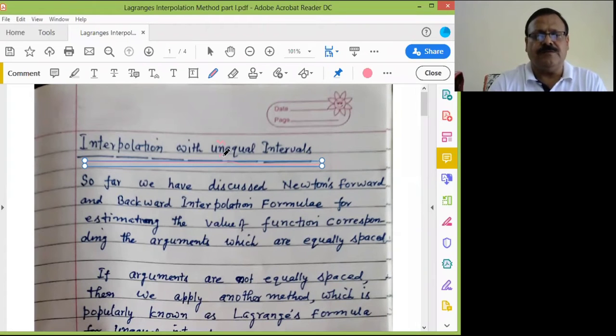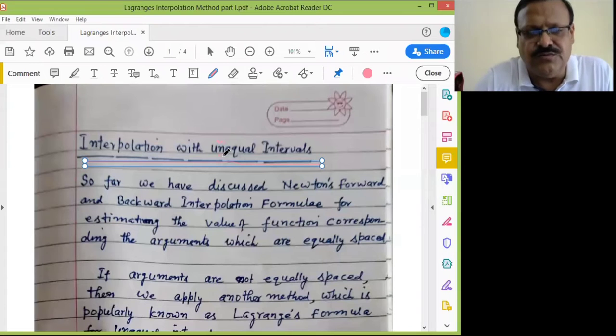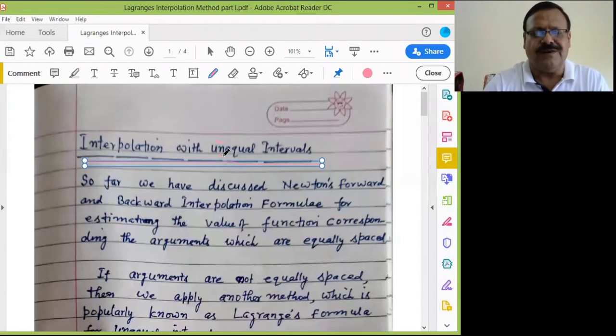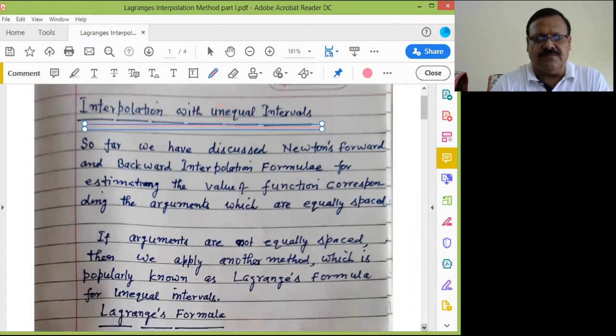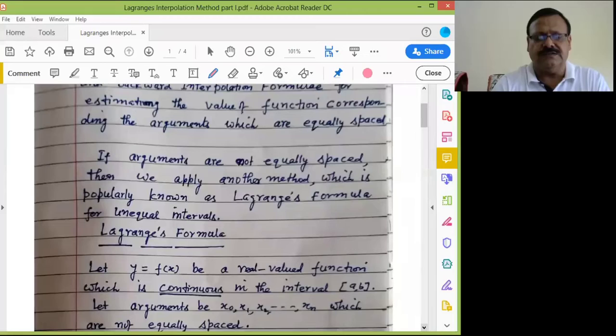Newton's forward and Newton's backward interpolation formulae were very popular and famous to apply to compute the values of the function corresponding to the values of the arguments in the given range. Now we are going to discuss another method, which is popularly known as the Lagrange formula for unequal intervals.